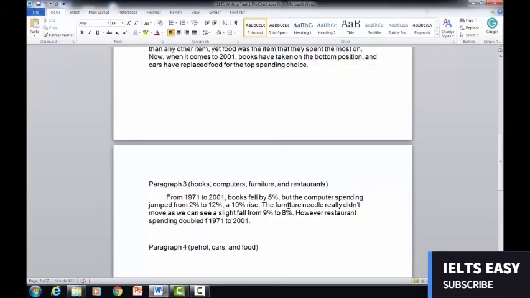And there we have our comparisons. However, restaurant spending doubled from 1971 to 2001. The furniture needle really didn't move, as we can see, a slight fall from 9% to 8%.